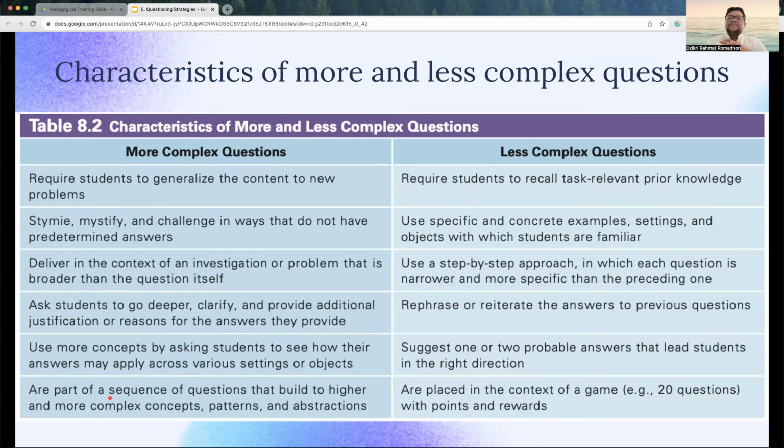For example, force: in elementary school, the definition is just a push or a pull, but in middle school, a force is a cause for an object with mass to accelerate. And then at a higher level, for example high school, it's the change of momentum. The same concept, but with a bigger understanding of it.